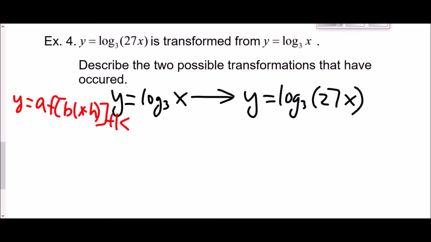Okay, so if you look at this, log base 3 of x, log base 3 of 27x. So that means this one has an extra 27 here. If you look at this format, the number inside the function in front of x is the b value. What does that tell you? That means this is the b value.